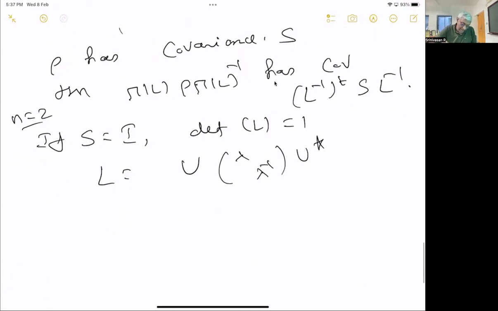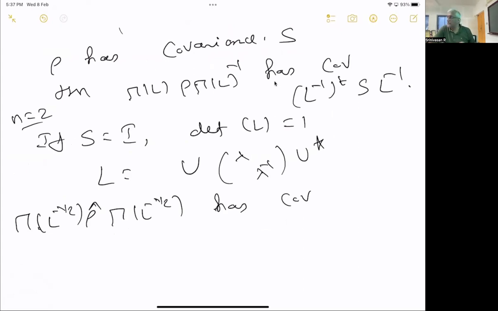And if we replace L by L inverse, I mean, if we say S is identity, then rho hat gamma of L power minus half, gamma of L power minus half, previously we were assuming L is positive, has covariance matrix L. And if L has determinant 1, with n equal to 1, not 2, the matrices are in 2n.